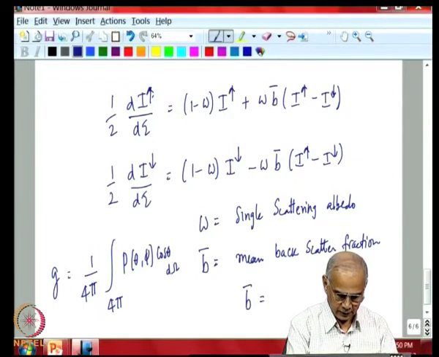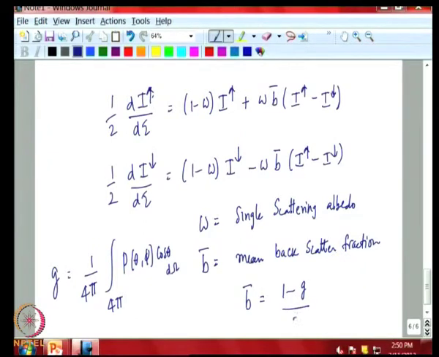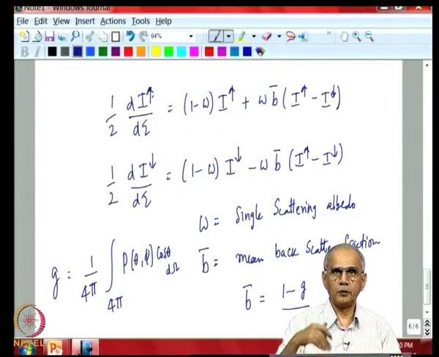Approximately, we can say that, if you recall in our earlier discussion, when G was 0, you had isotropic scattering. So, it is equivalent to mean backscatter fraction of half, because if there is isotropic scattering, then the amount scattered upwards and downwards will be same.